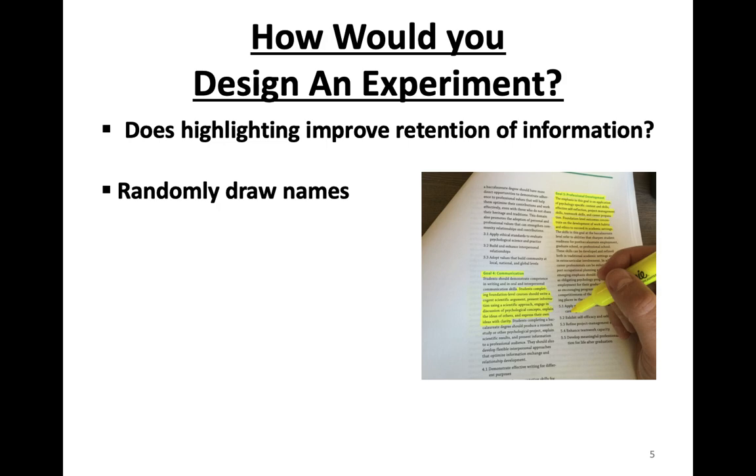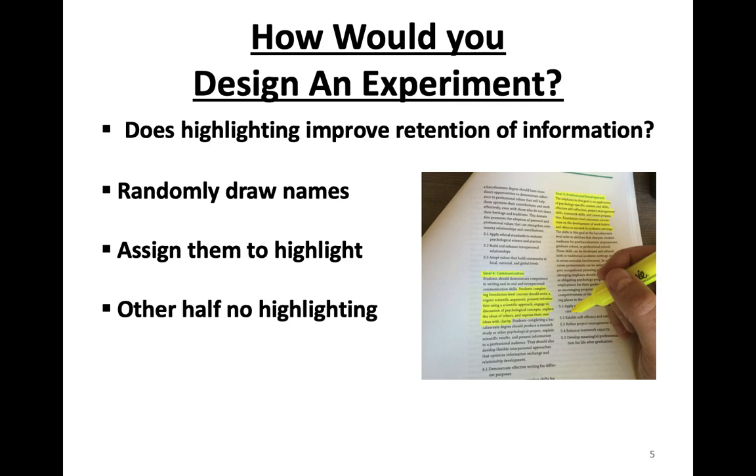The first thing that experiment would need is we would want to randomly draw names and randomly assign people to two different conditions. In the first condition, we would assign students to highlight, let's just say, a textbook chapter. In the other half, we would randomly assign them to not highlight. So random assignment is kind of a main feature of an experiment.